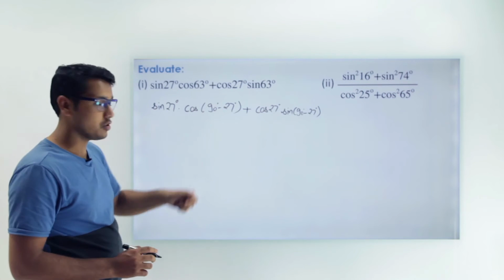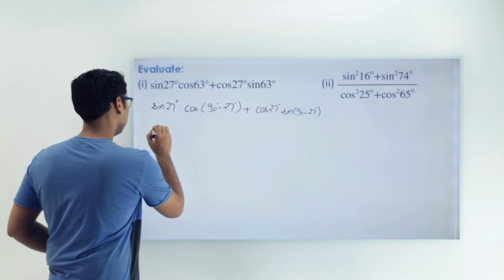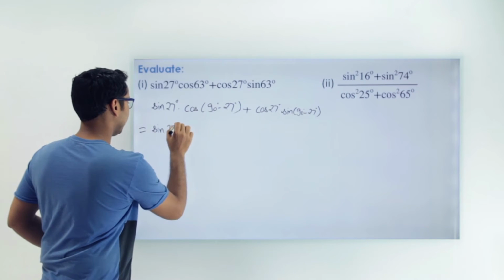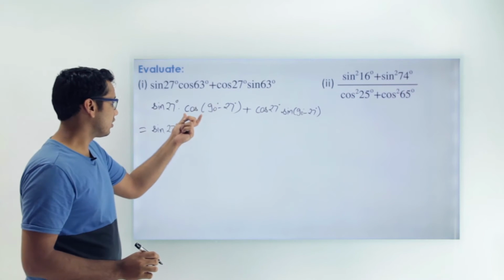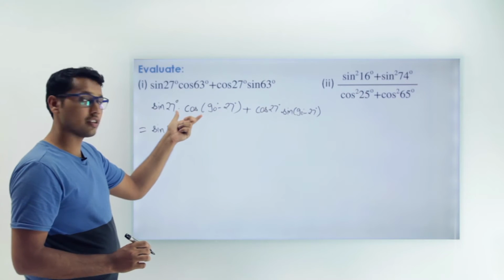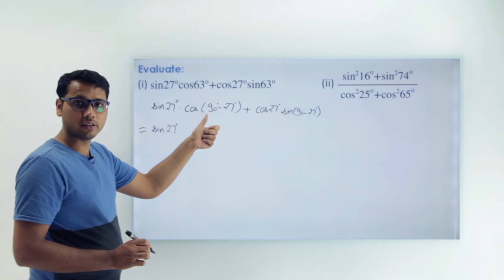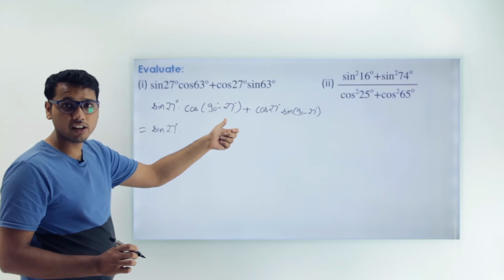So this will be equal to sine of 27 degrees into the complementary trigonometric function of cos, which is sine, and 90 degrees will go away, only 27 will remain.